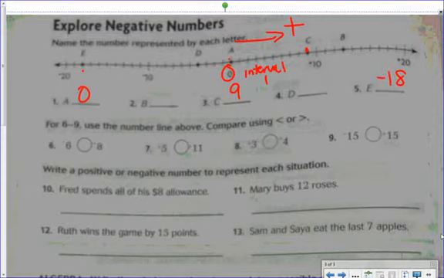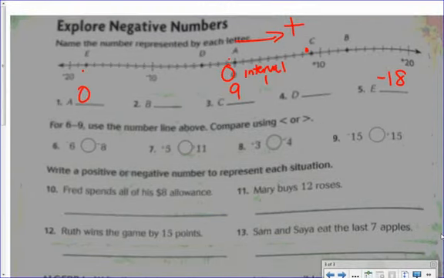Okay, using this number line also, we are going to compare using less than or greater than. I've got a negative 6 and a negative 8. Let's erase this.